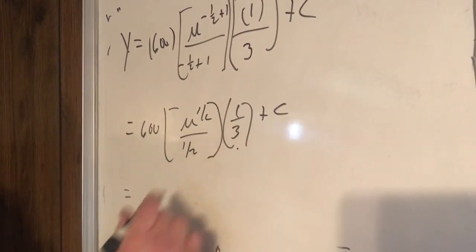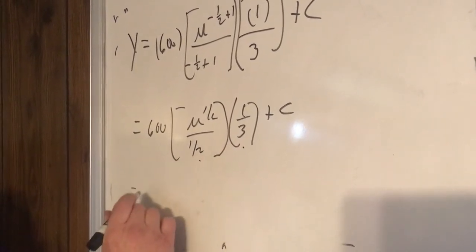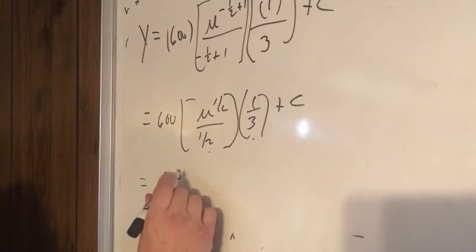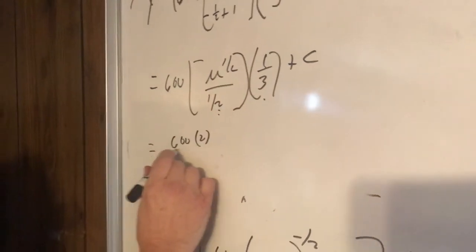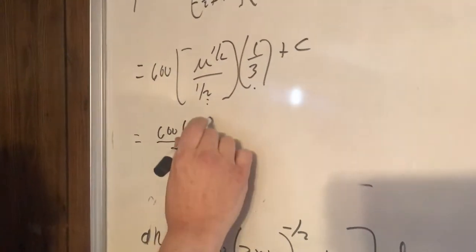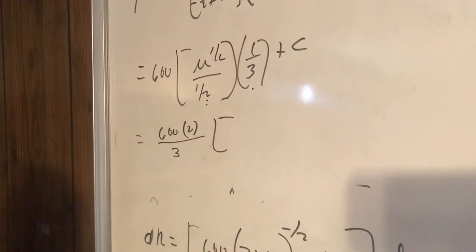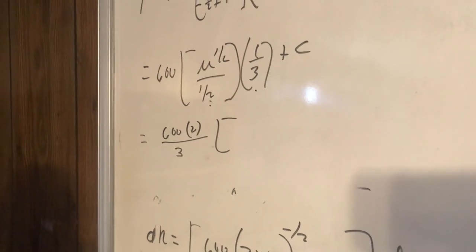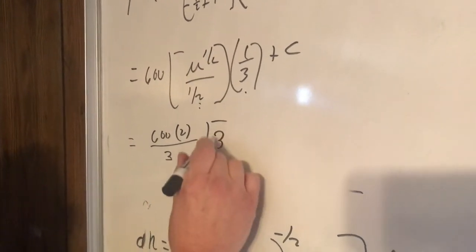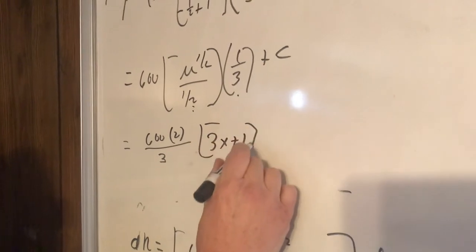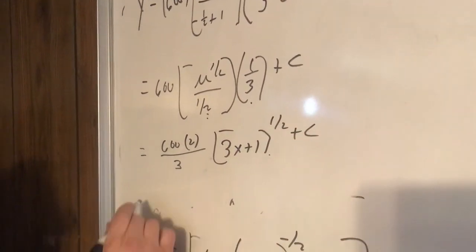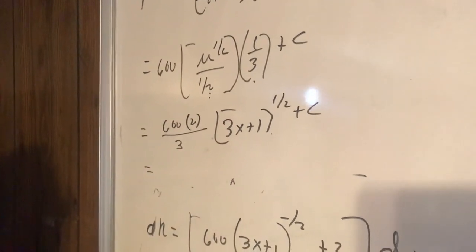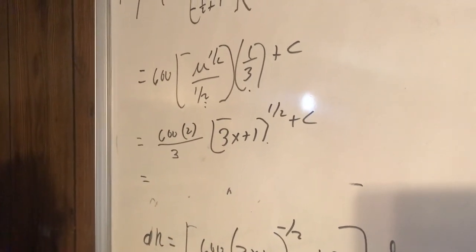Wait, this is 1/3. Okay, so what you have here is 600 times 2, you're going to flip that, divided by 3. U is 3x plus 1, correct? Yeah. So the 1/2 plus C. So that's going to be 1200 divided by 3, which is 400.